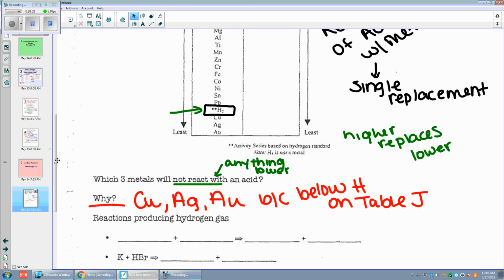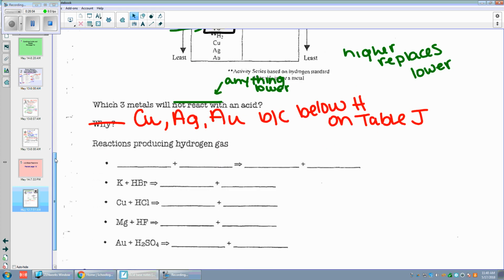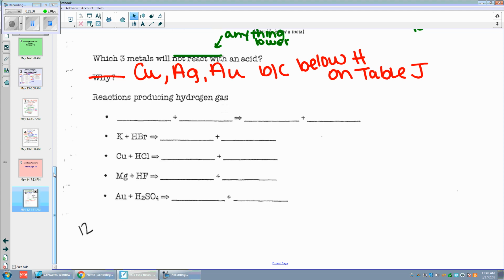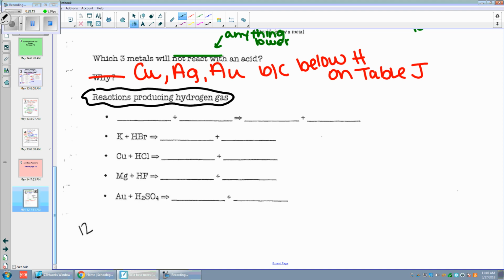So for your reactions of your acids with your metals, it says reactions producing hydrogen gas will denote, again, single replacement.